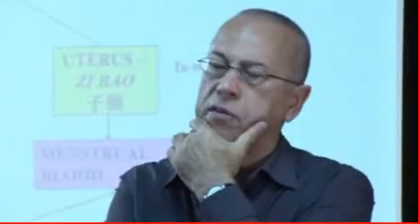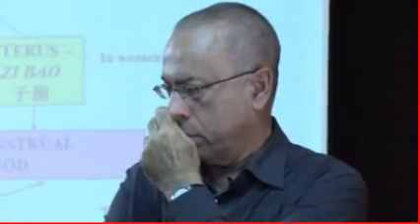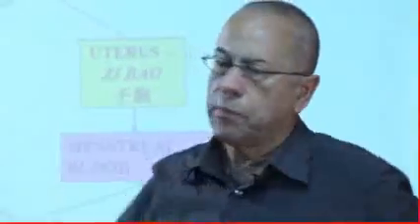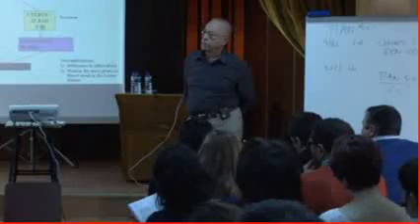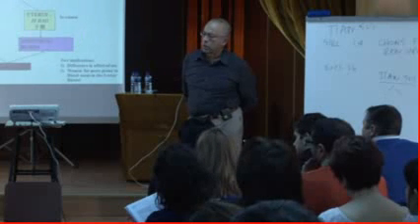And Chinese books never distinguish between men and women when they talk about excessive sexual activity. Why is that? Because men with sexual activity lose tiangui. They lose sperm, and sperm is tiangui.